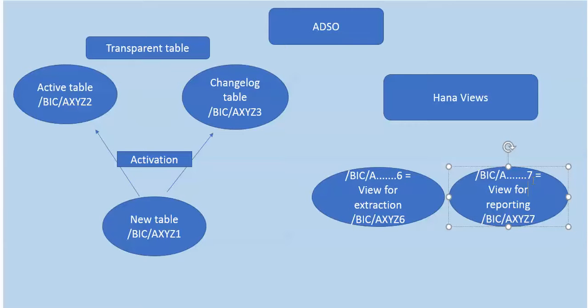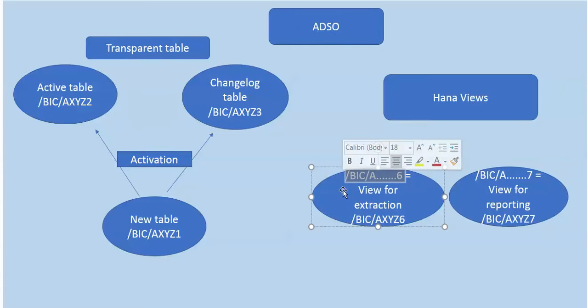What is the importance of this? Suppose you want to create a data source: you can use the view ending with 6, and you don't need to give the active table.